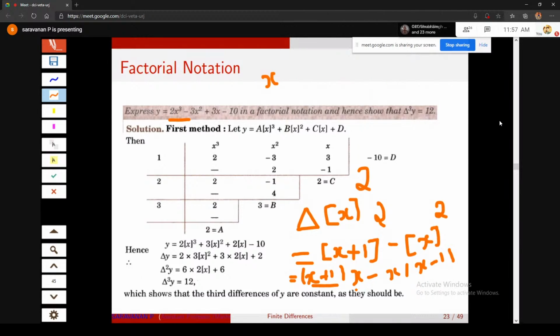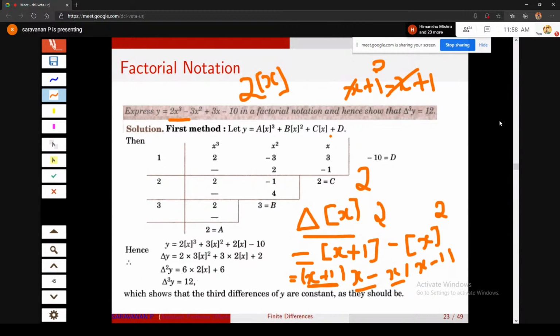If I take x common, here you will get x plus 1, here you will get minus of x minus 1, so minus x plus 1. So x minus x will get cancelled, you will get 2. So that is 2x. That is, delta of factorial x square is 2 factorial x.